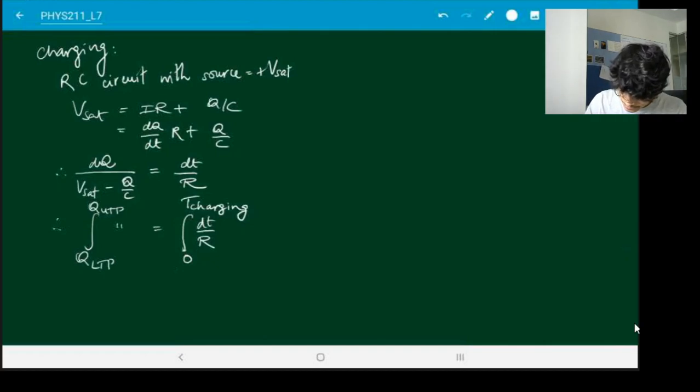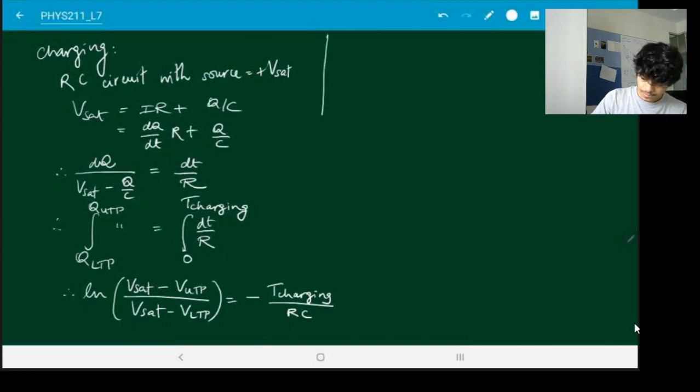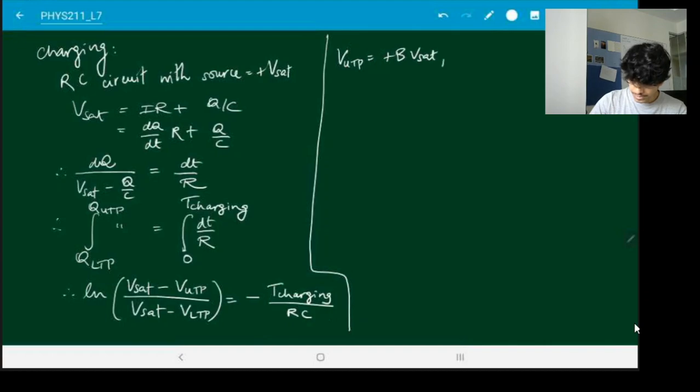So when you do this integration, I'm just going to write down the final result over here from my notes. What you end up with is log Vsat minus VUTP, but you will remember that VUTP is just plus B Vsat and VLTP is just minus B Vsat.